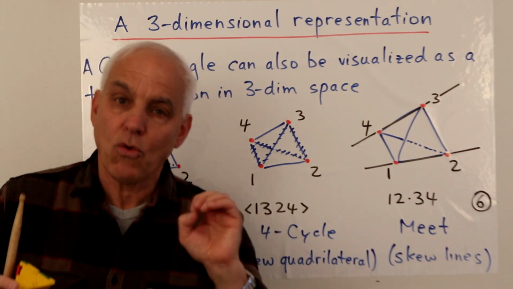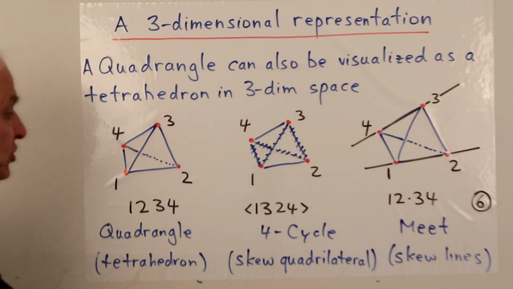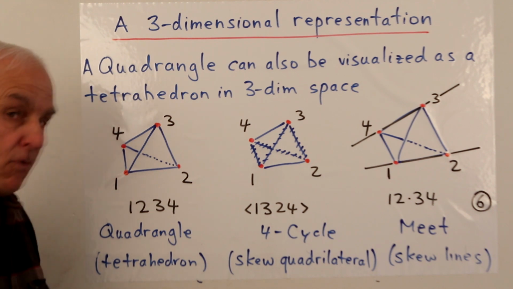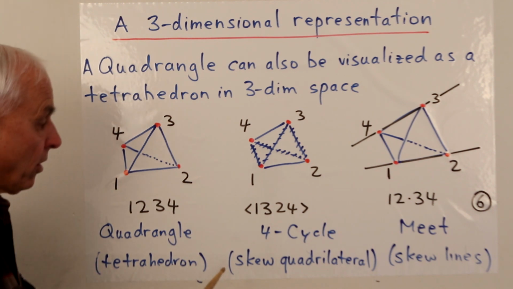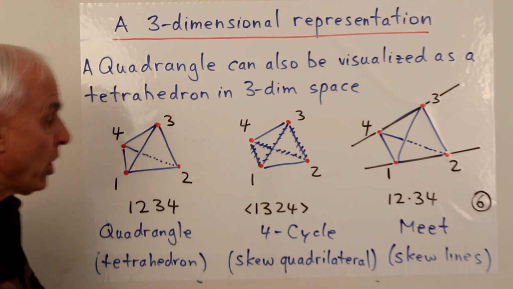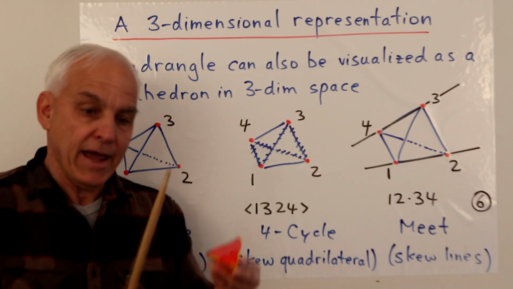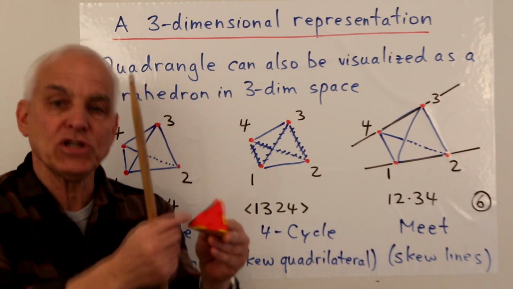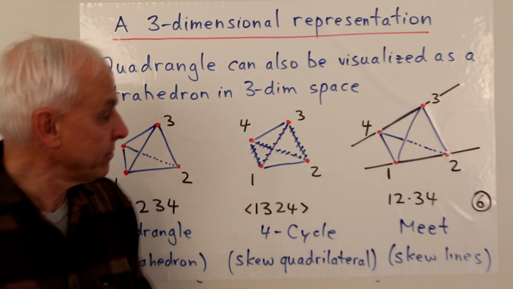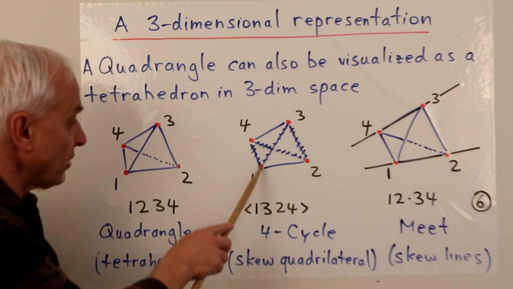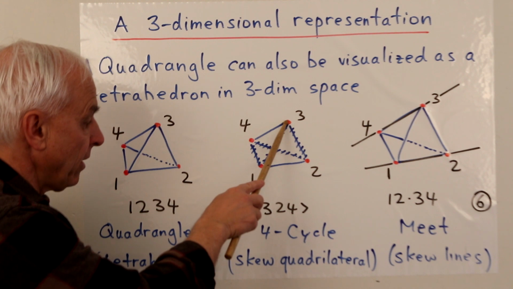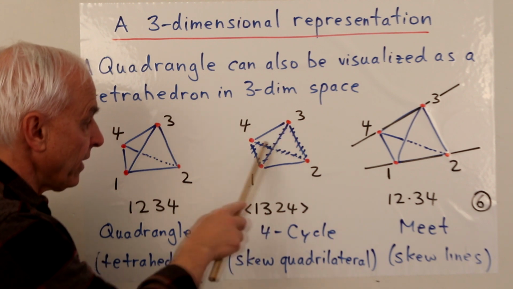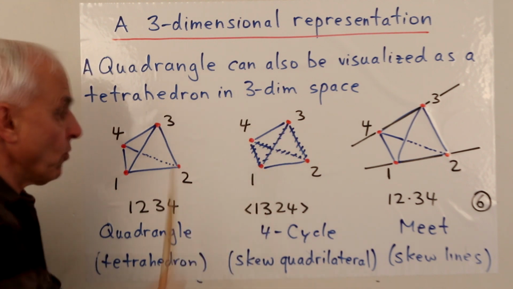If we do that, then a 4 cycle, say the 4 cycle 1, 3, 2, 4, can be represented by a path on the edges of this tetrahedron. In this case, the path starts at 1, goes up to 3, then over to 2, then over to 4, and then back to 1.